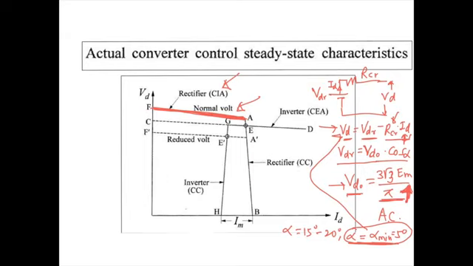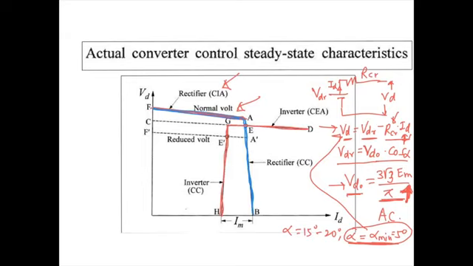So there are two characteristics for rectifier, namely FA, that is the CIA characteristic, and the other controller represented by line AB. So the overall characteristic of rectifier can be represented by this blue colored line.